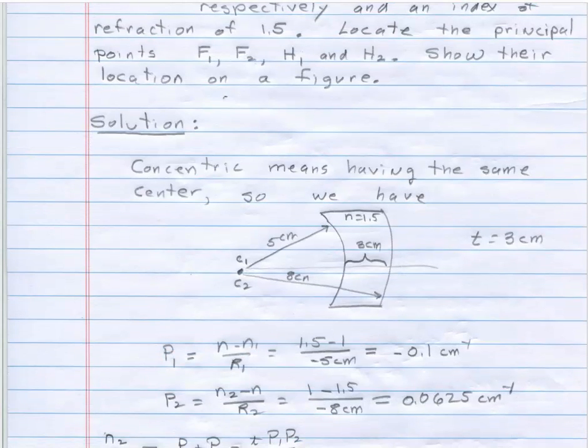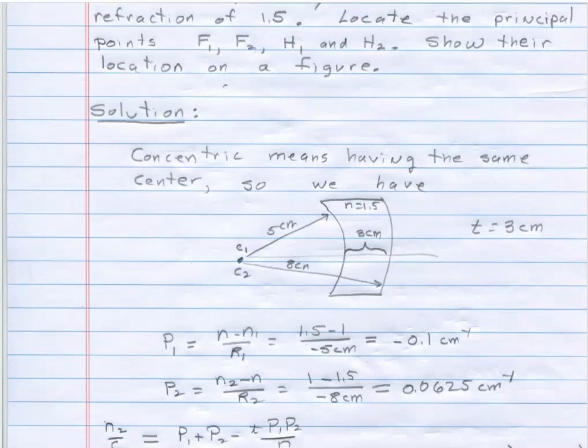As usual, we simply sort of mindlessly come in and compute P1 and P2 first thing, after we've done a little bit of interpretation there. It's in air, and the index of refraction is 1.5, so 1.5 minus the index of refraction on the front of the lens, which is 1, over R1, which we're given as minus 5 centimeters, and so we get P1 as minus 0.1 reciprocal centimeters.